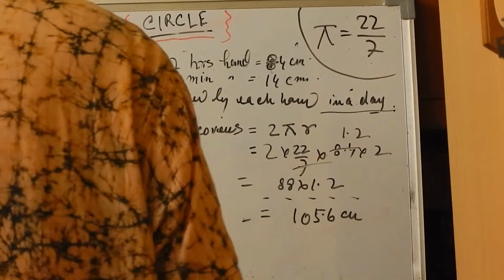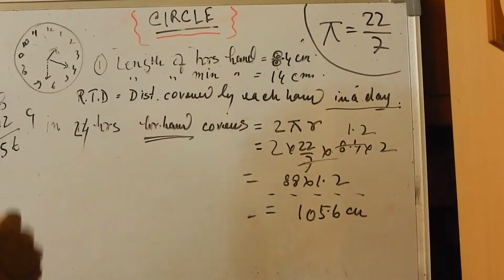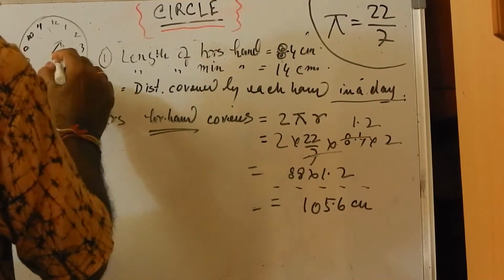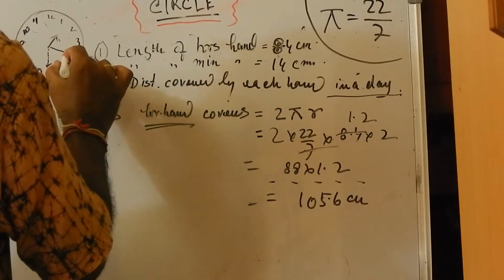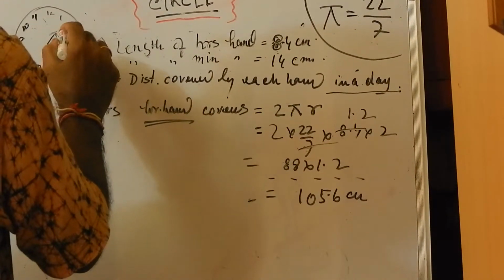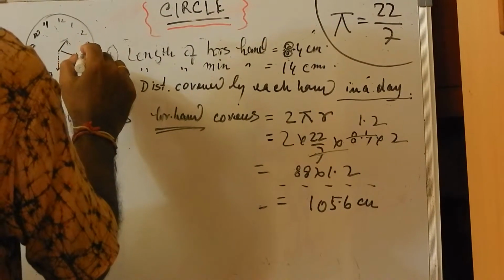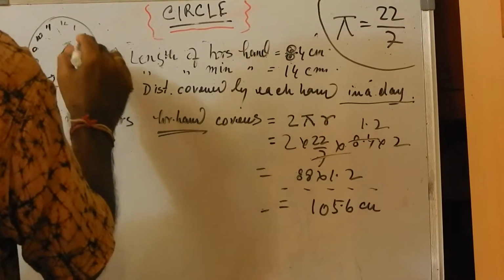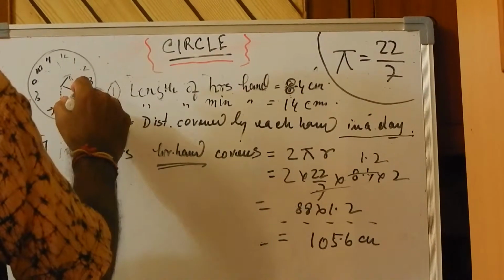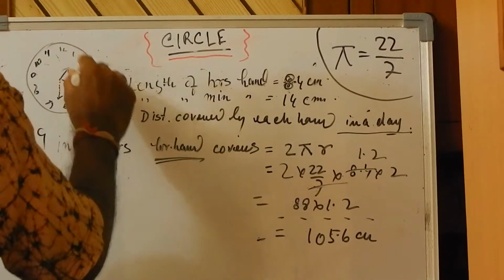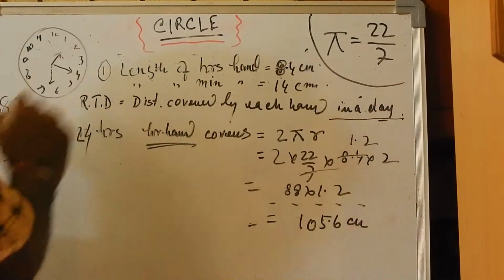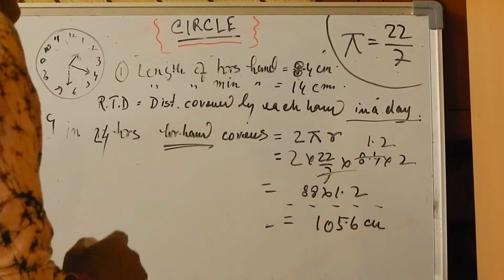But in the case of the minute hand, how much does it cover? Suppose you start at 2 and it strikes 3, then between 2 and 3 the minute hand covers this whole periphery, the whole circumference.